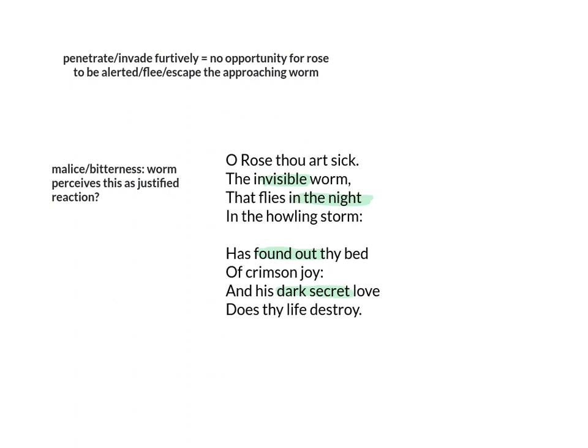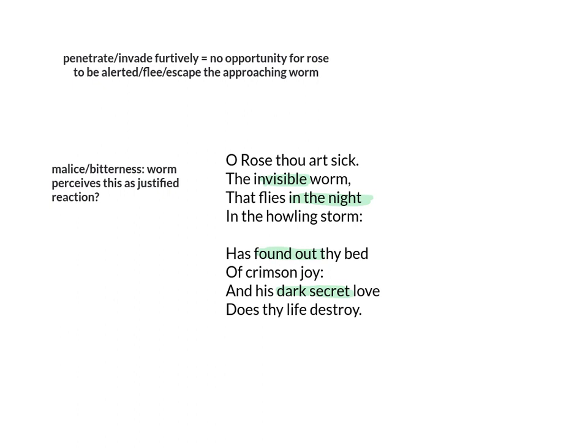There's not going to be a tip-off or a warning of its arrival, but that arrival will lead to the destruction of the rose. So we're really getting that idea of malice and bitterness here, probably or possibly caused by that idea of the rose not reciprocating or returning its affection. How dare it, she? But these are the sort of bitter actions the invisible worm feels it has been driven to now.